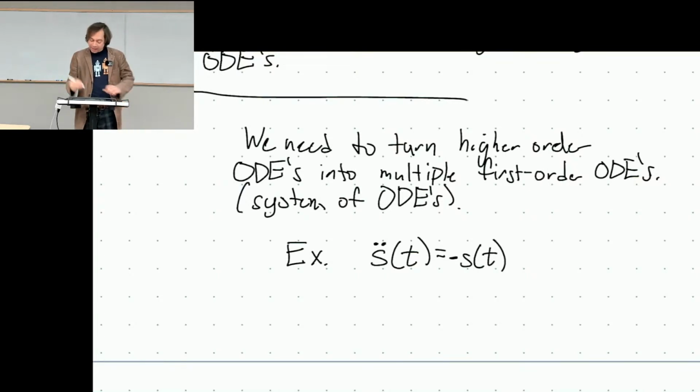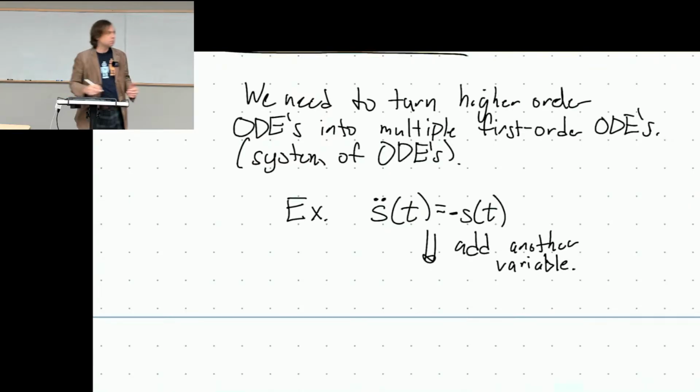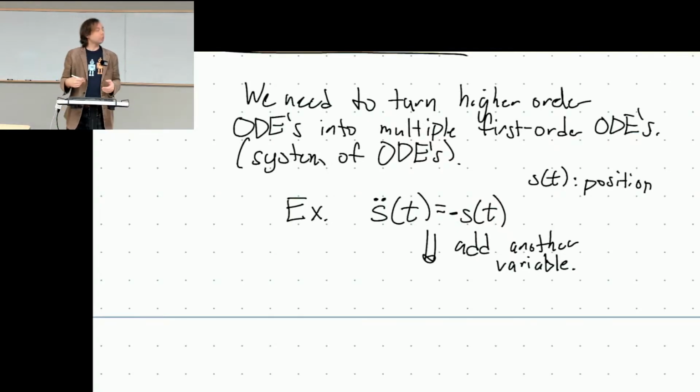However, what if I added another variable? Let's just say that s of t is some position. Obviously, s double dot of t would then be what, friends? Acceleration, right?